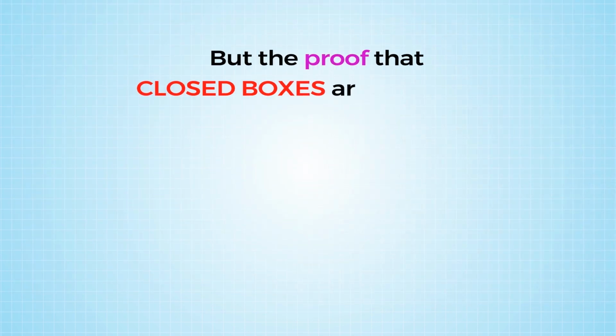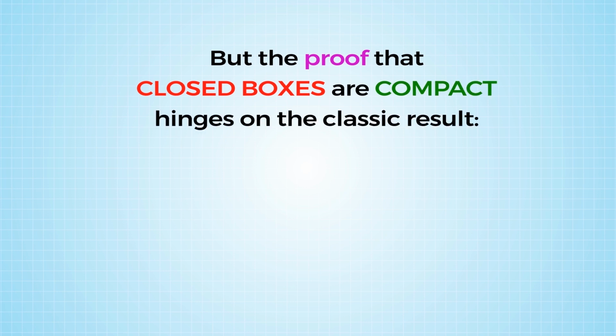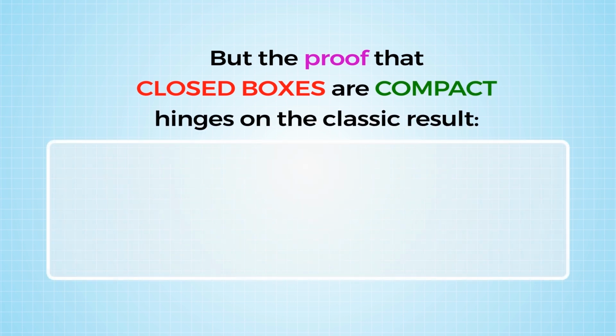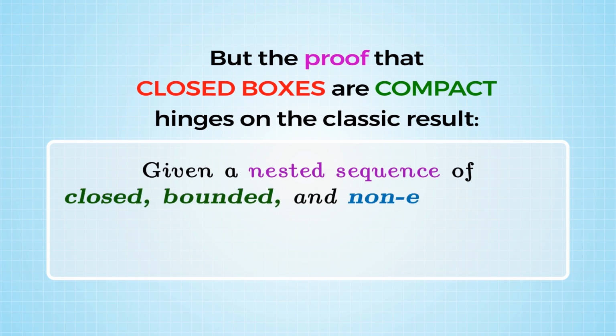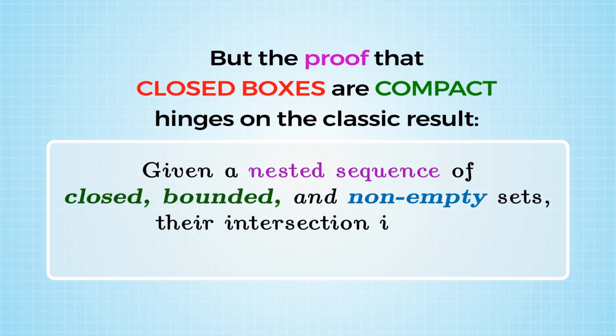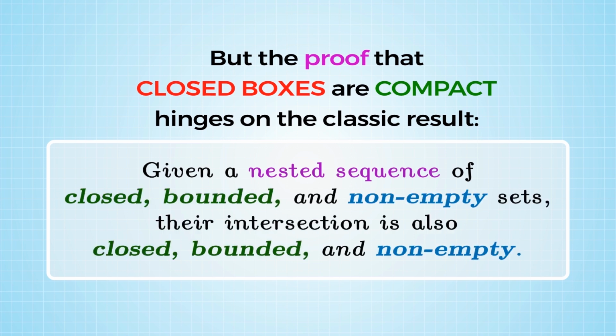But the proof that closed boxes are compact hinges on the classic result: given a nested sequence of closed, bounded, and non-empty sets, their intersection is also closed, bounded, and non-empty.